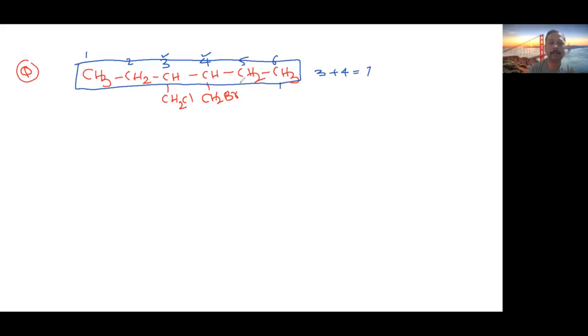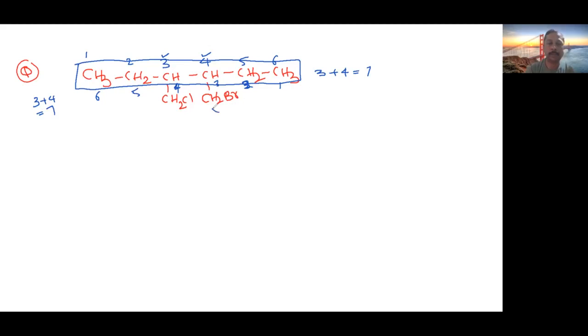If I number it from here also, 1, 2, 3, 4, 5 and 6, from here to here also 3 plus 4, then I am getting 7. Once we get both side numbering the same, then we should go for the alphabetical order.